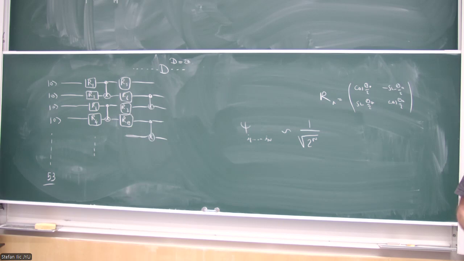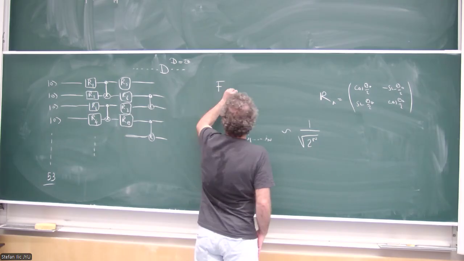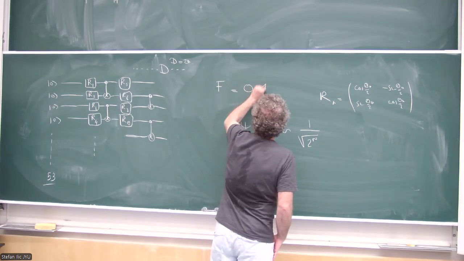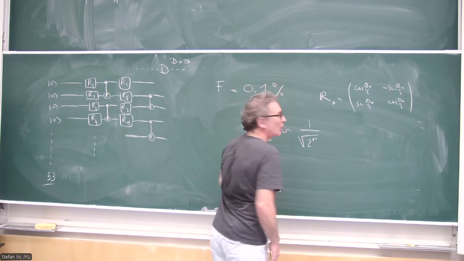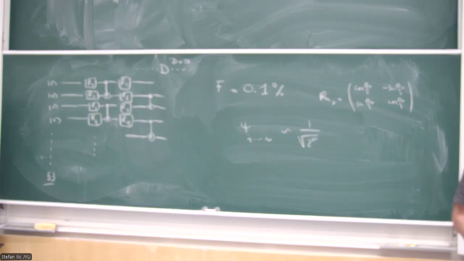And then the last thing is that the fidelity they had after 20 gates was 0.1%. Decays exponentially. Actually, that's okay. Let me say something positive about the experiment.